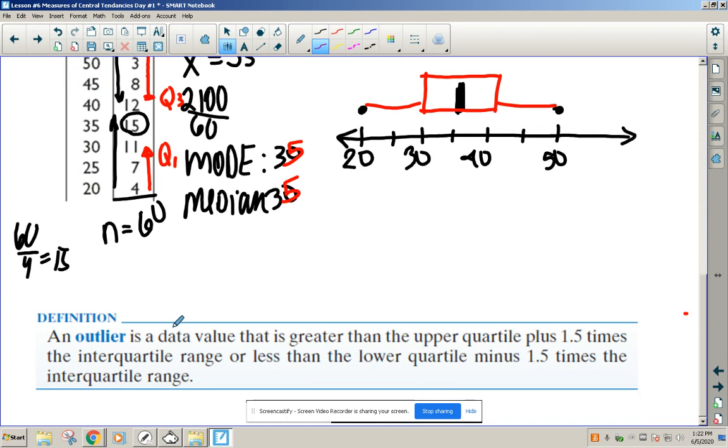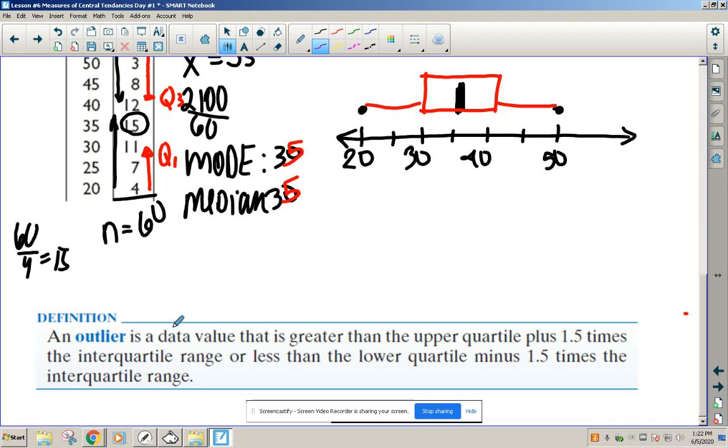Now, the last thing to mention is the word outlier. An outlier is a data value that is greater than the upper quartile plus 1.5 times the interquartile range. In other words, an outlier is a piece of data that is so far outside of what most of the data is saying.